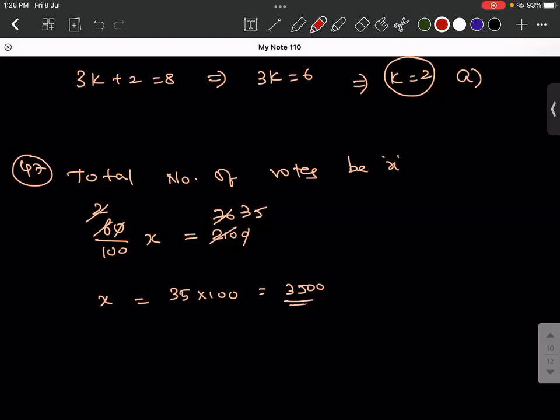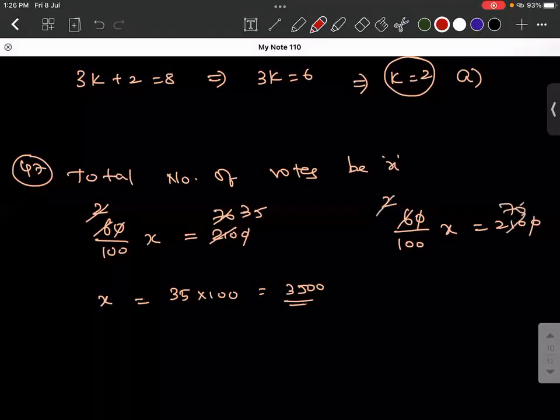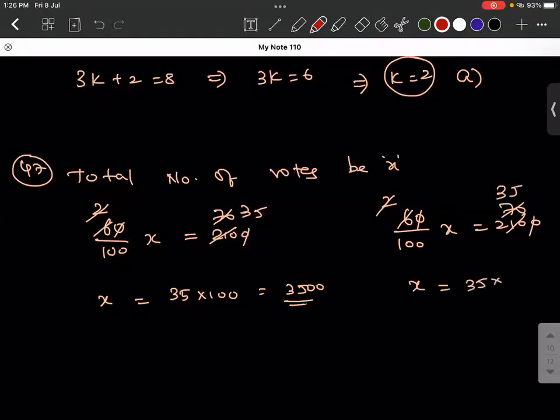I took the common. 60 by 100 into X is 2100. So 10, 10 gone. Divisible by 2. So 2 times, 70 times. This goes 35 times. So X will be equal to 35 into 100.